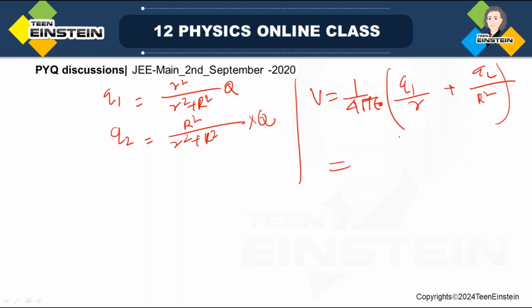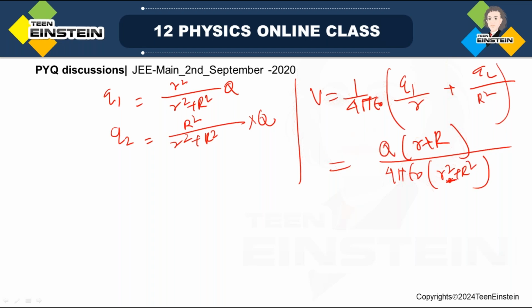Now I'll put the value of R1 and R2, and finally what we should get actually, that is q into, so this is actually the answer. Okay, we have just put the values here.